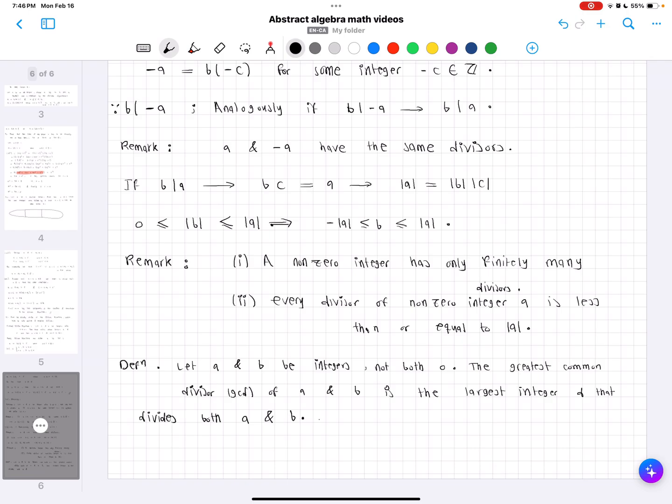In other words, D is the GCD of A and B, provided that we have the following.